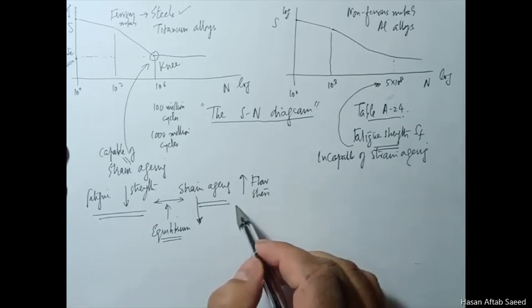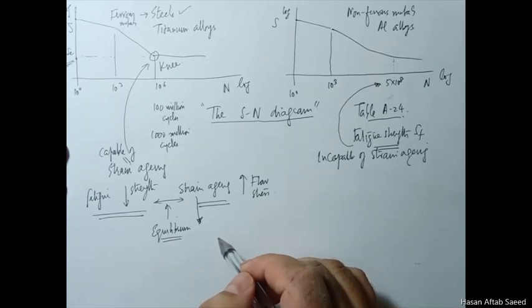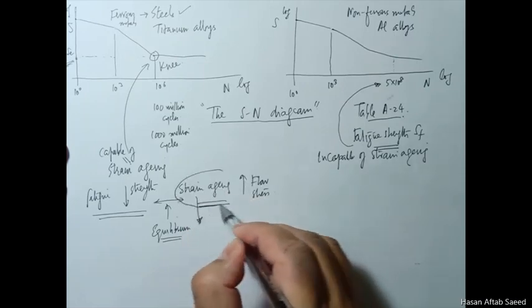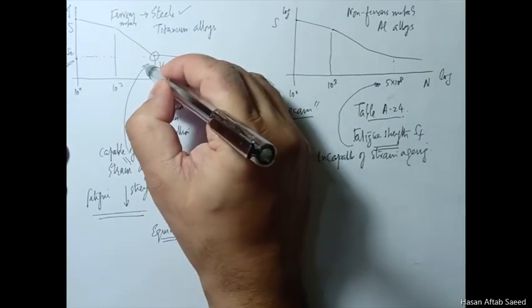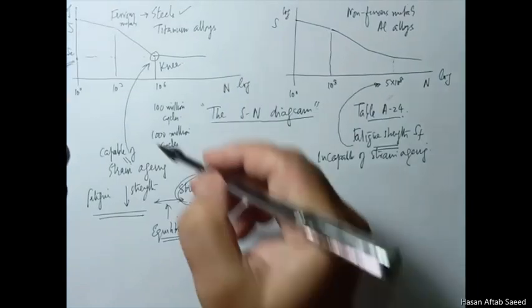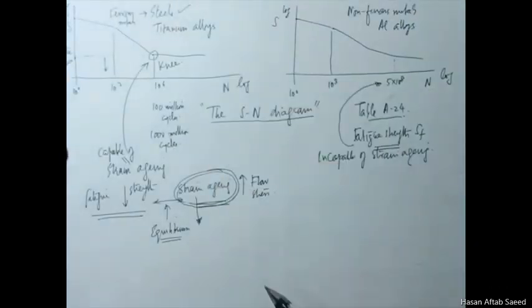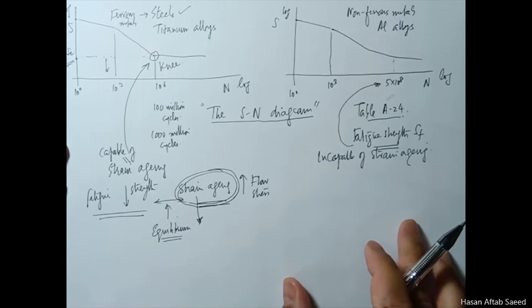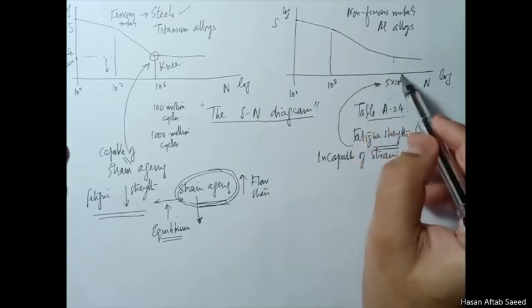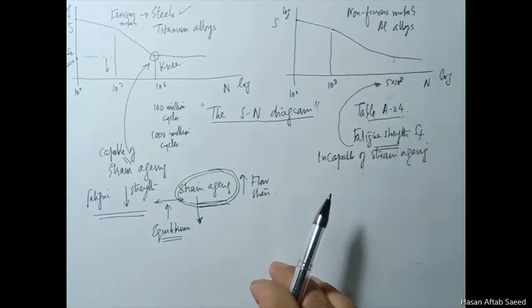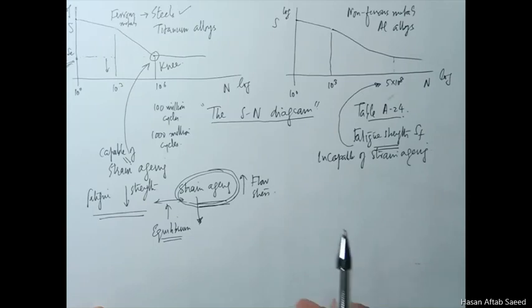So if that stops, then obviously there'll be a phenomenon called strain aging, and that is ultimately what causes this knee to be here, and the life below this stress to be infinite. Now many materials are not capable of such a thing, and so there is no infinite life, so we always design them for a certain number of cycles. Now obviously one can go back and back and find more detailed explanations, but for our purposes this is about what we need to know.